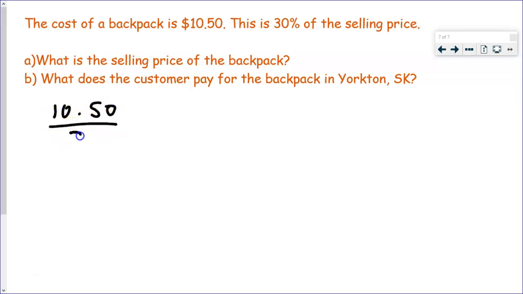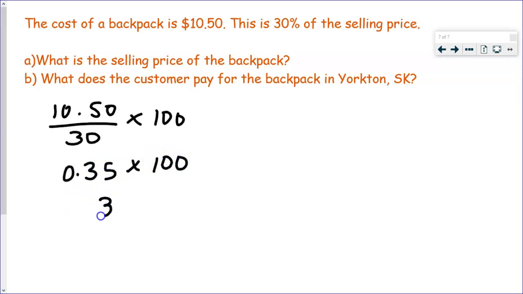We're going to divide by 30 and times by 100. Okay, the original amount was $10.50, divide by 30%, which we just put the 30 under there because we're multiplying by 100, and that will get us 35. Okay, so $35.